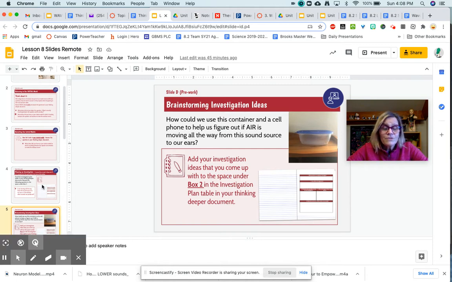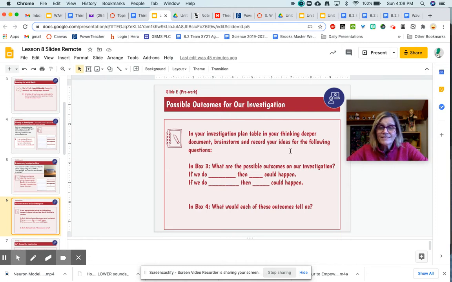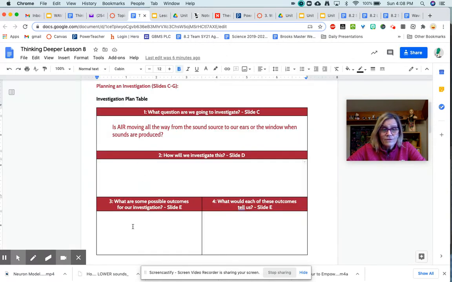Okay, so now that you've done that, the next slide says, in your investigation plan table in your Thinking Deeper document, brainstorm and record your ideas for the following questions. What are the possible outcomes of this investigation? So think to yourself, okay, we've got the cell phone and the container. If we do this, whatever you've said, what would be the outcome? What would be the result?